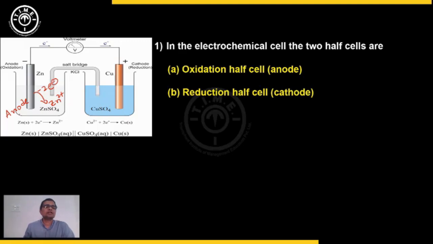In the galvanic cell, the anode is taken on the left side and the cathode on the right side. So, the copper electrode acts as a cathode. In this case, Cu2+ ions gain two electrons and deposit as copper on this electrode.